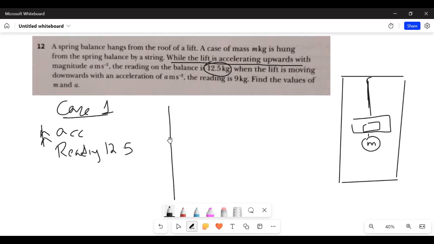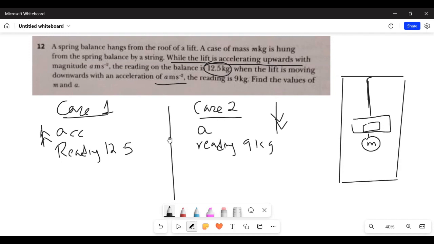And when the lift is moving downwards, case 2, the acceleration is A and the reading is 9 kgs. Find the values of M and A.